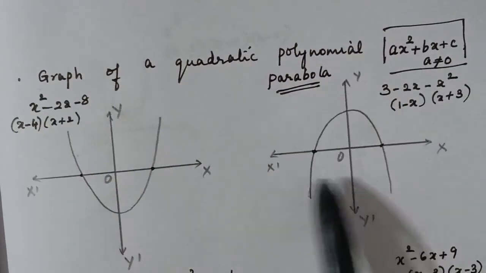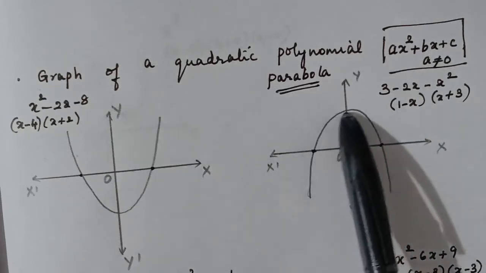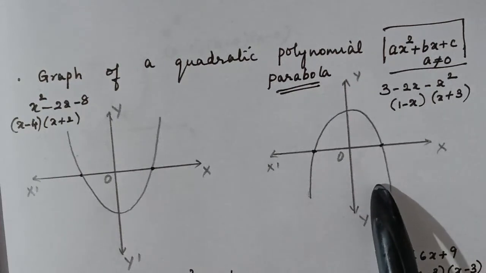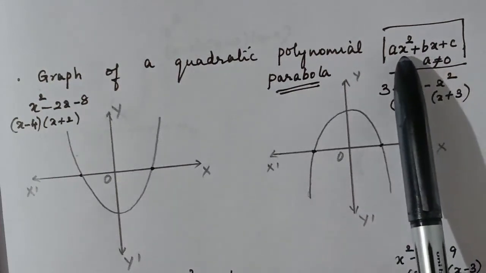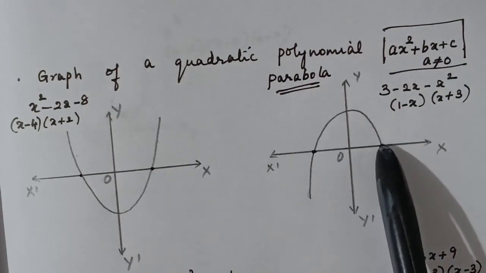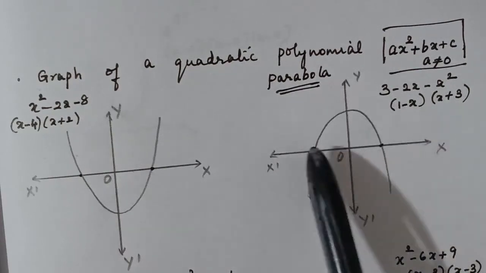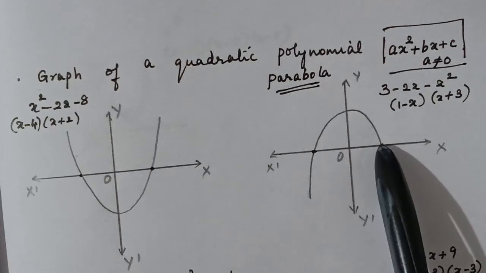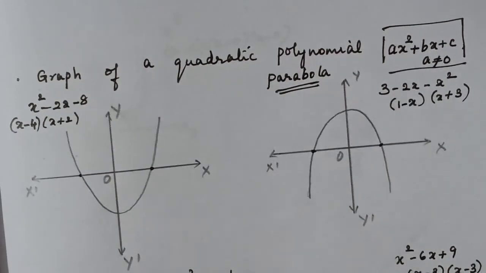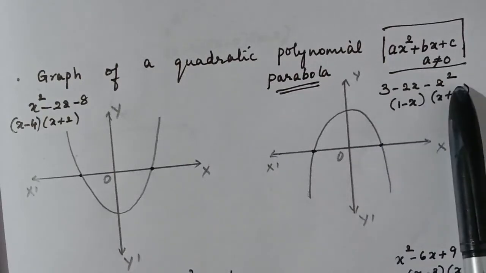Now we will see the graph of the second parabola. Here the parabola opens downwards. This shows the coefficient of x squared is negative. Since it touches the x-axis at two distinct points, that shows it has got two zeros. Here we have another polynomial 3 minus 2x minus x squared.